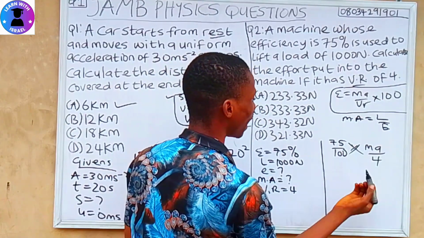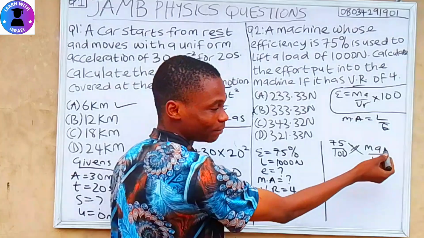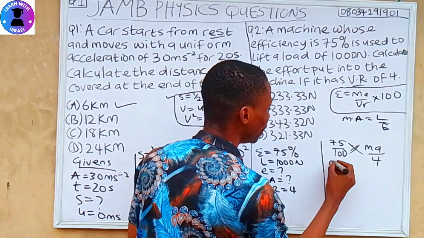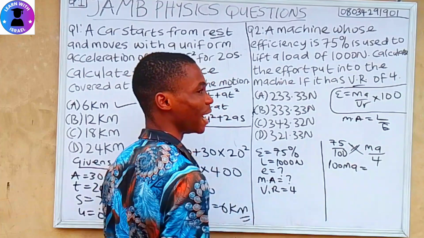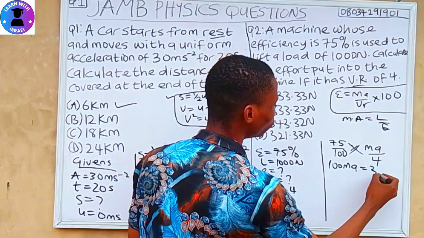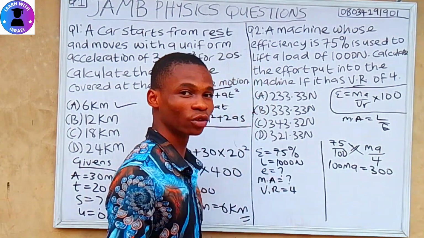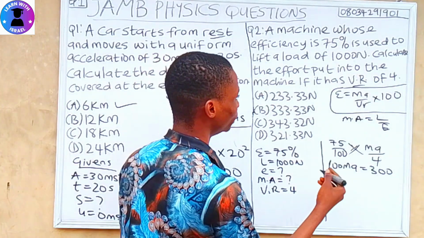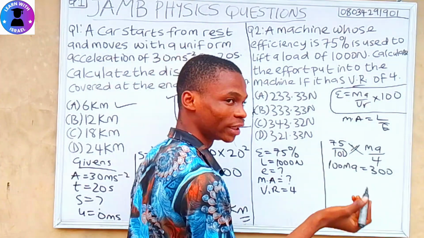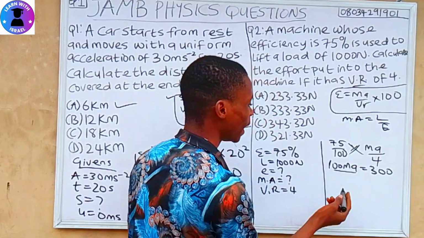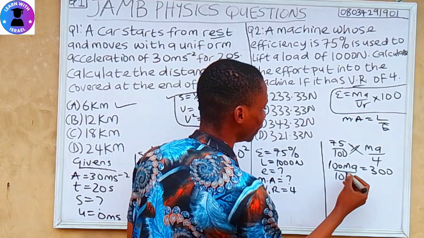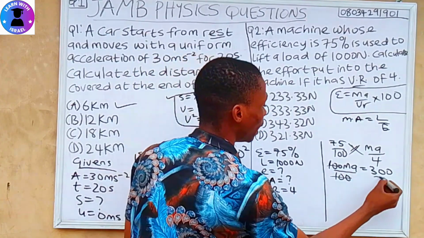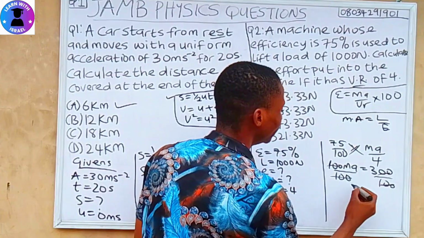So if we cross multiply, MA, which is mechanical advantage, multiplied by 100 is 100 MA, which equals 75 multiplied by 4, which is 300. You need to know all these things, so when solving questions, it will be easier and won't take much time. So we divide both sides by 100 to get our mechanical advantage: 100 MA divided by 100 and 300 divided by 100 is 3.